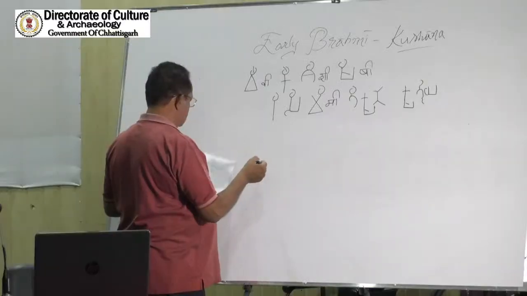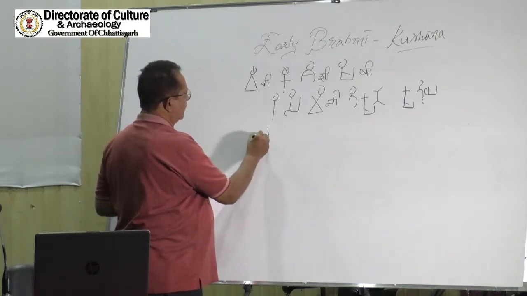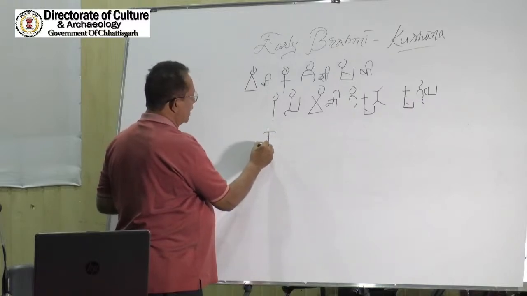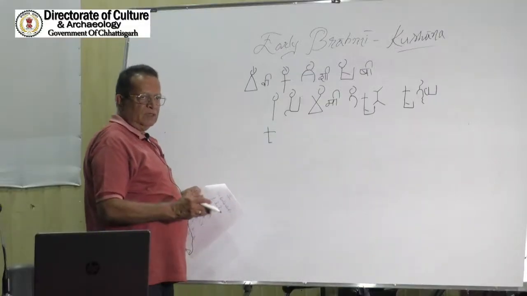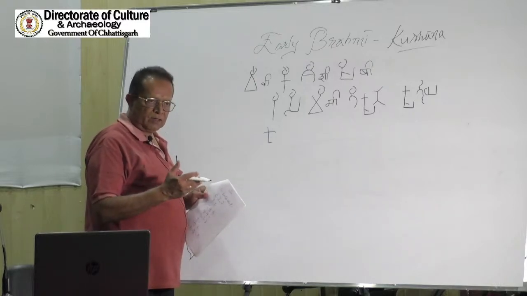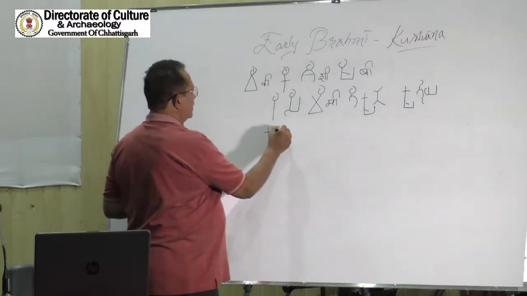Now we'll go to the U sign here. Ka, with a short stroke, you are attaching a stroke like this. Ku, the same. The principle is the same. Some consonants which you did in Ashokan, the same holds here. For example, you are writing Pa here.